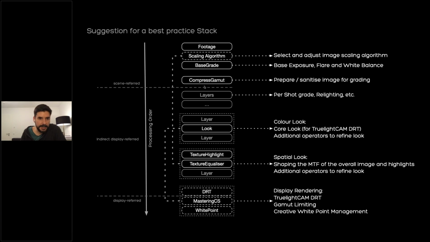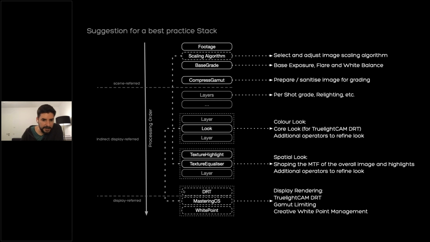So until the compress gamut operator, the images are still what we call scene referred. Other people call them scene linear. So you could render that out and hand it over to visual effects, and you would not lose anything, because the scene linearity is still maintained, and the typical advantages that you have in visual effects by working in scene linear spaces for CGI and integration are all maintained. There's nothing lost.